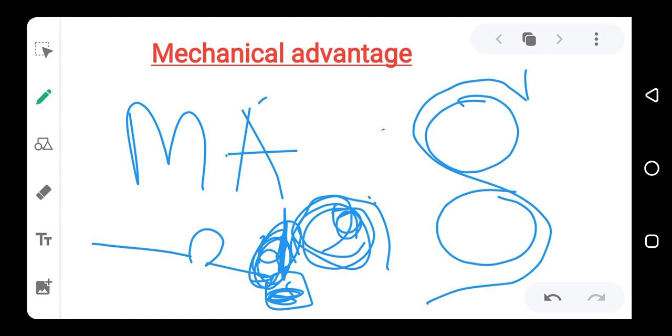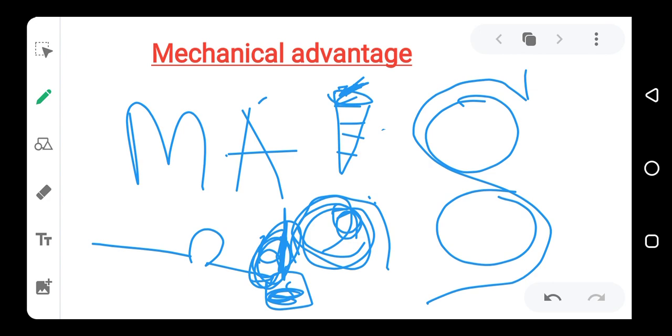Then for screw, just like our screw nuts, you have your screwdriver. You put your screwdriver on top of it and you rotate it, and the screw moves inside the object you want to place it in.